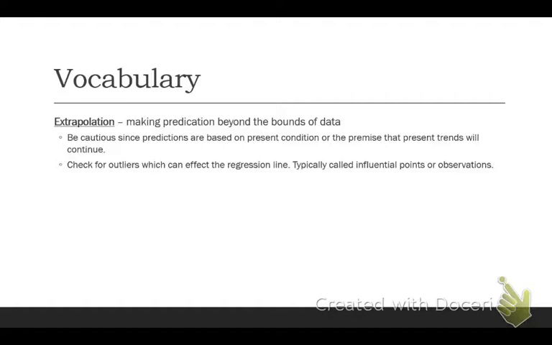Typically, it causes the regression line to pull towards that outlier, and so what statisticians typically do, and we're not going to do it, but just for general information, is draw the scatter plot with the regression line with the outlier, and then redo it without the outlier, and recalculate everything without that supposed or alleged outlier. And if they see that the regression line did not really move much, well, then they know it's not an outlier.